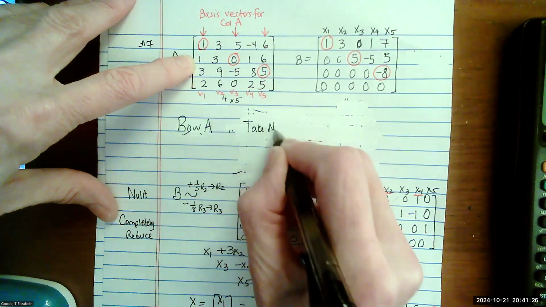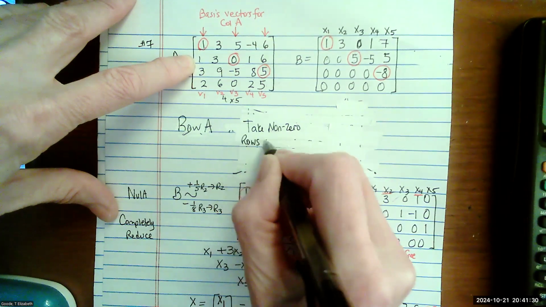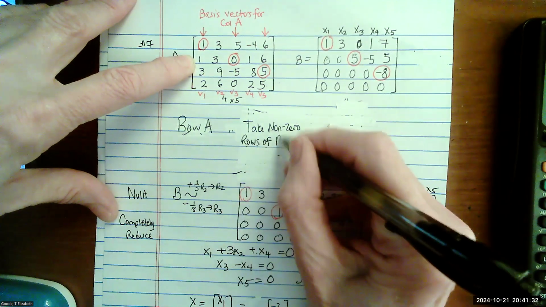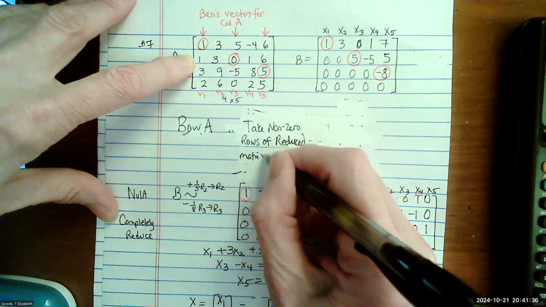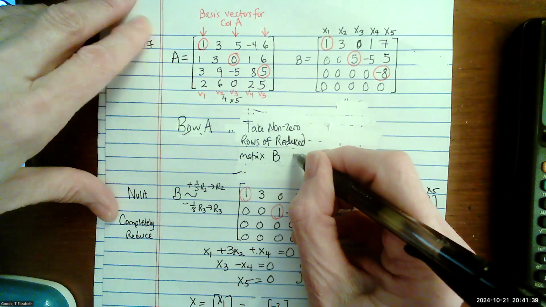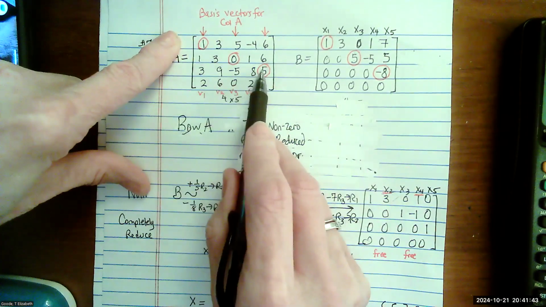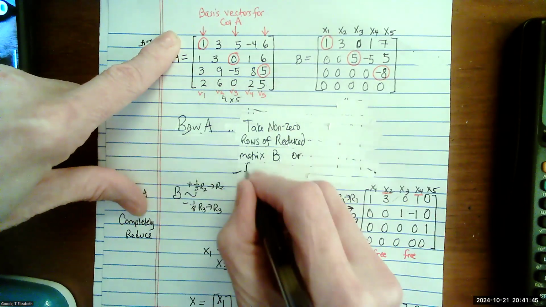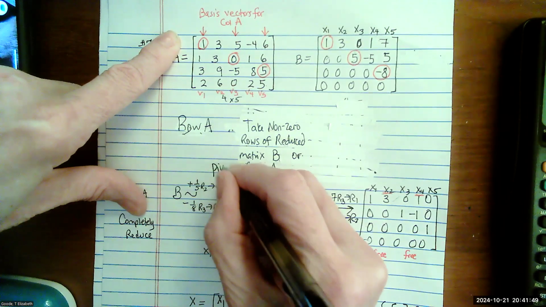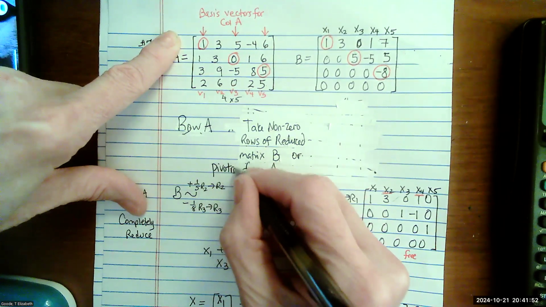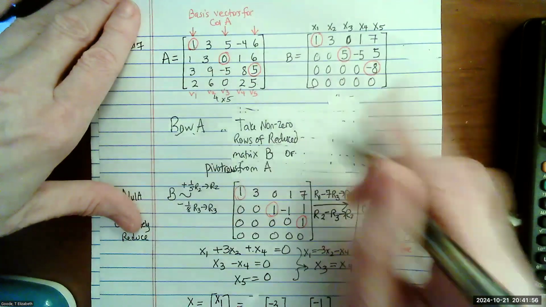Take the non-zero rows of the reduced matrix B, or you can take the corresponding rows from A, or the pivot rows. These are the pivot rows from A. You can do either one.